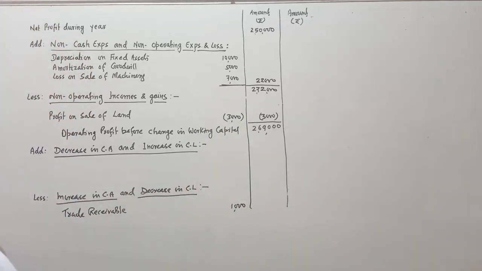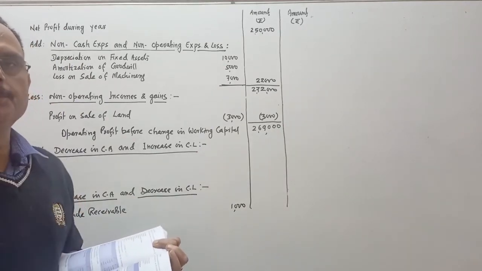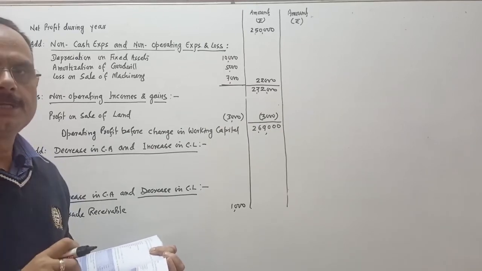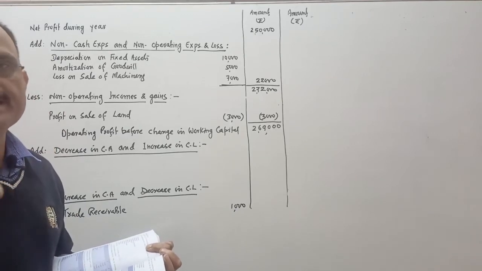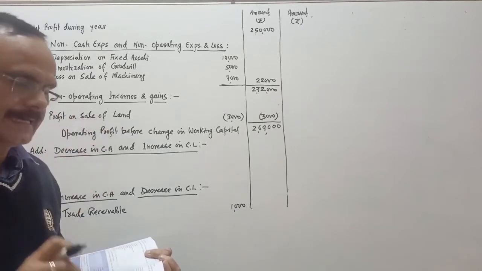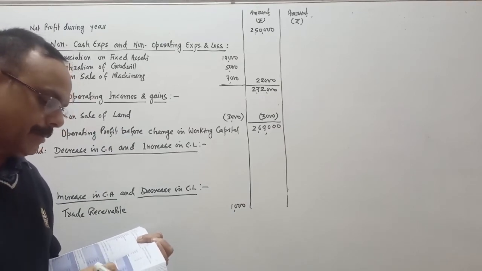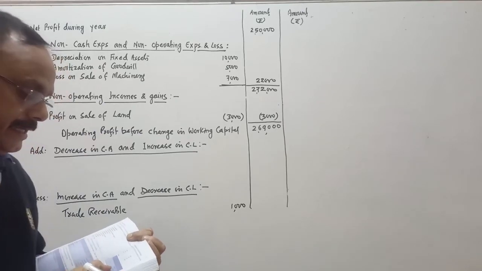Okay. Next is trade payables. Creditors and bills payable come under trade payables, which is a current liability. Last year trade payable was 15,000 and this year in 2018 it is 10,000.